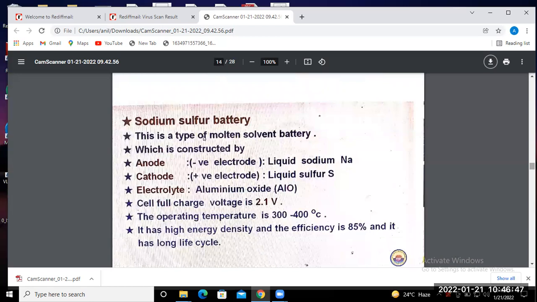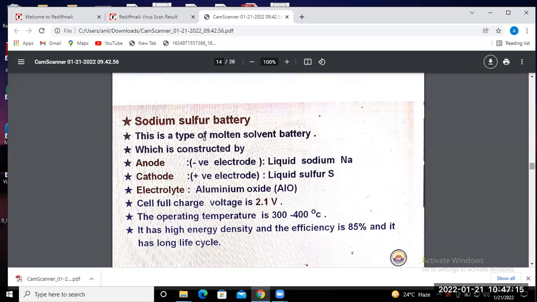So first one is the sodium sulfur battery. This is the type of molten solvent battery we already explained few minutes earlier, which is constructed with the anode of sodium, the cathode positive electrode of liquid sulfur, and the electrolyte of aluminum oxide. Okay, the cell full charge voltage is almost 2.21 volts.